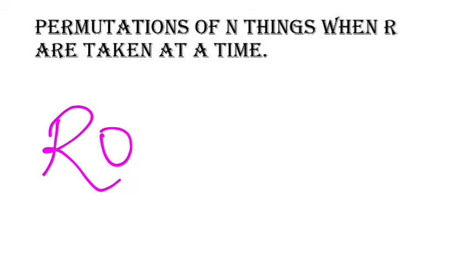So the different arrangements of this word will be in this way: ROSE, REOS, etc. Here in this list, each arrangement is different from the other. In other words, the order of writing the letters is important.